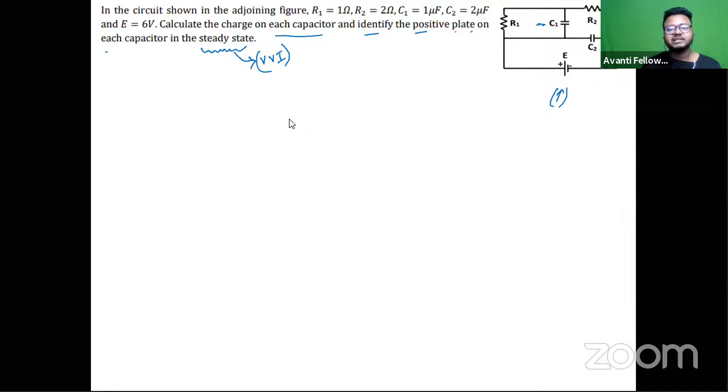So I'm giving you just 2 minutes, guys. Try to solve this problem. It is not a very tough problem, but this type of problem is really good. If anyone gets the answer, just tell me the answer in the chat. I'll be holding.